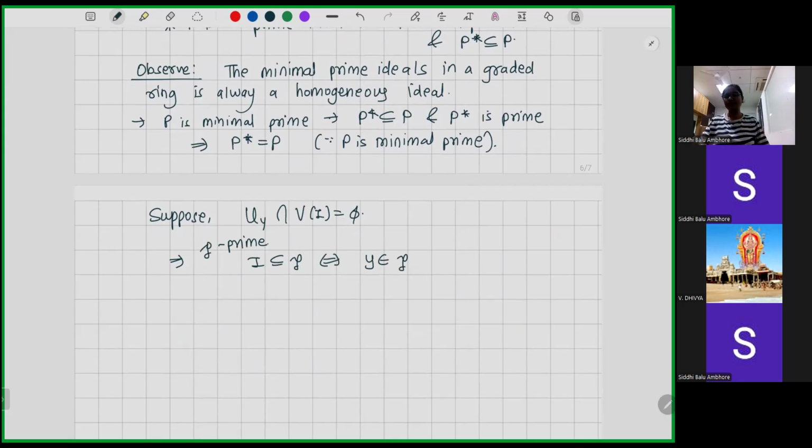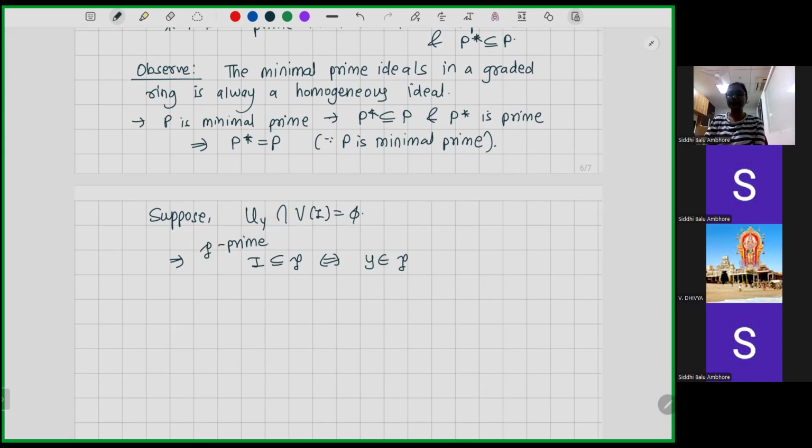From this definition, UY intersection VI being the empty set implies that if some prime ideal is in VI, then that prime ideal is not in UY. So what are prime ideals in UY? It is all the prime ideals which do not contain Y. But that intersection is empty, so this Y must be contained in this. And the moment I have some prime ideal in UY, it means Y does not belong to that prime ideal.